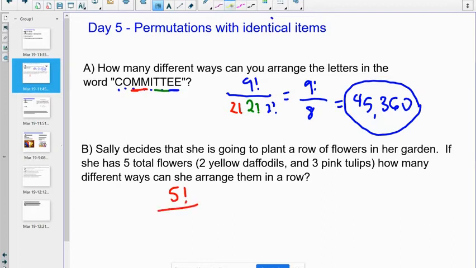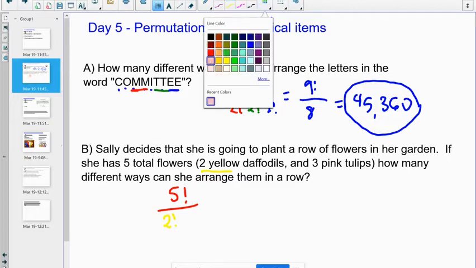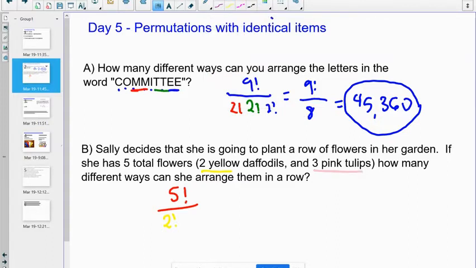So we have 5 factorial on the numerator. In the bottom, we have 2 yellow daffodils, so we have 2 factorial for the yellow daffodils. And then we have pink tulips, so I'm going to use 3 factorial for different ways to arrange those 3 pink tulips.